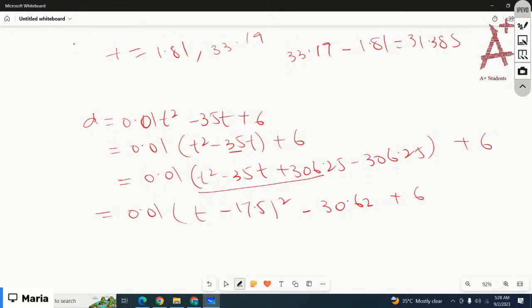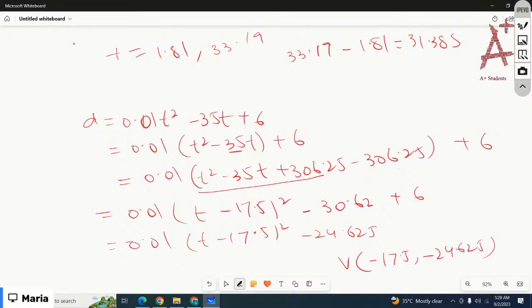You have to add 6. So 0.01 times t minus 17.5 whole square and negative 30.62 plus 6 is negative 24.625. So the vertex is 17.5 and negative 24.625. That means the maximum depth she reached is 24.63, right?